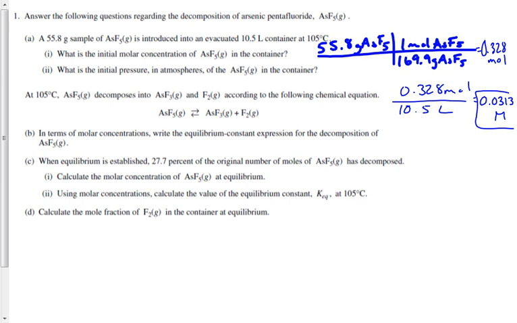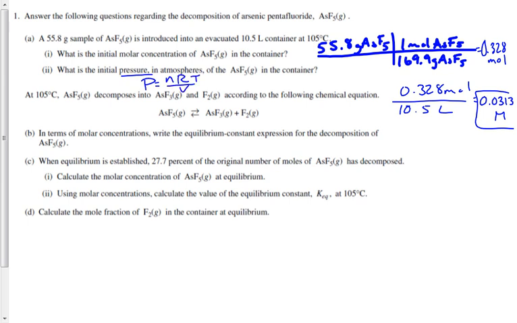What is the initial pressure in atmospheres of ASF5? Okay. Any thoughts? Ashley's been waiting. She's like, tonight, I'm going to contribute, and I'm going to say PV equals nRT. Gosh darn it, I'm going to get it. No, you're right. I'm just kidding.